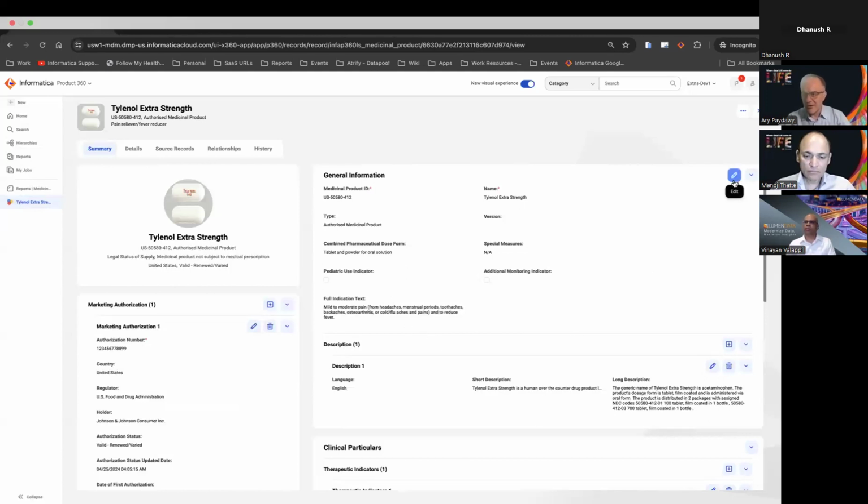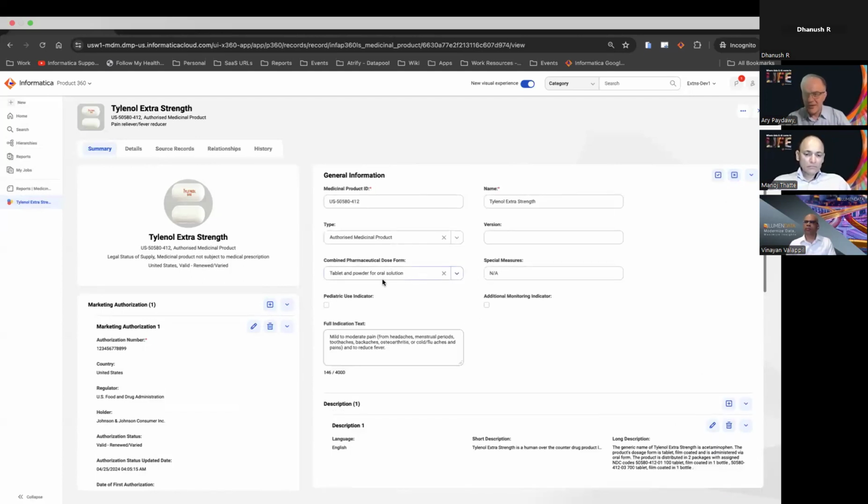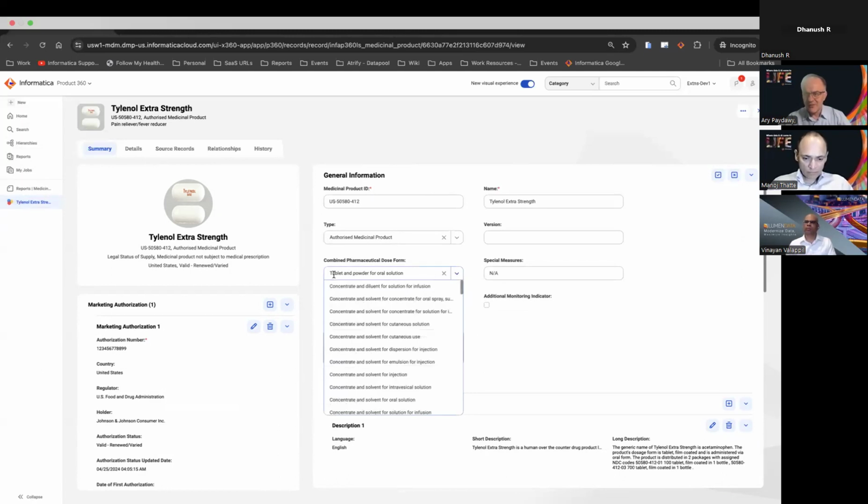The other piece I want to highlight is the dosage form. It says it's a tablet and powder for oral solution. These are the SPOR standards we were referencing earlier today. A lot of the companies we've worked with over the years have their own abbreviations for this.